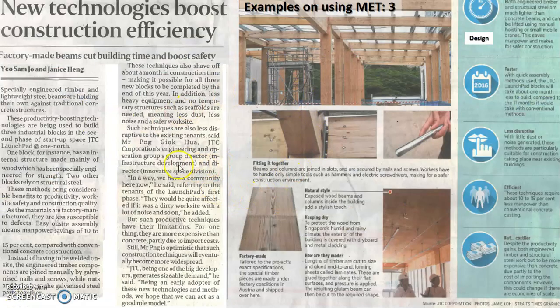For this project at Block 81, they reported that the time taken to complete the project using mass engineered timber was faster, less disruptive, and more efficient, but the thing to take note of is that the timber components are much more expensive compared to concrete. So that is something that the project stakeholders will need to look at in terms of how to make use of the benefits to offset the more expensive cost of the material.